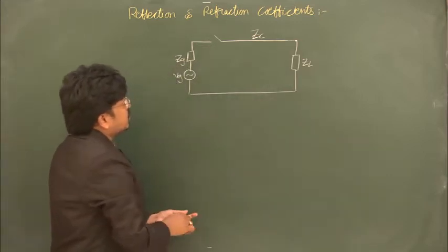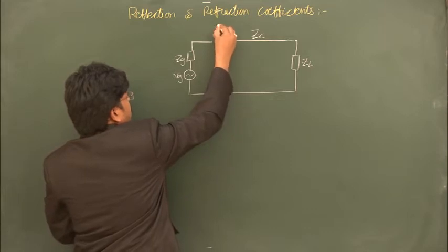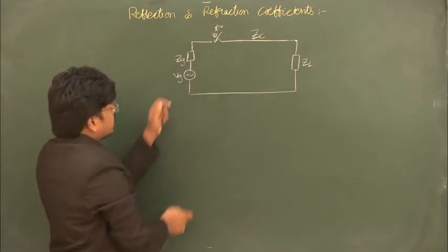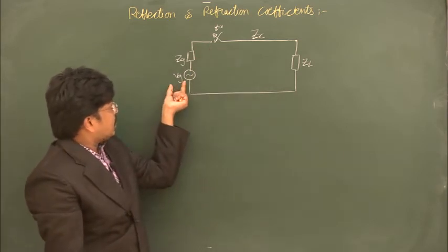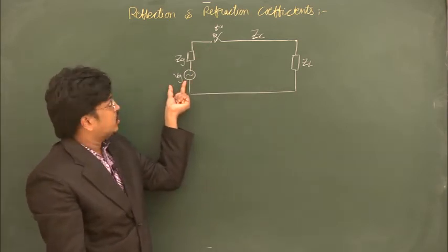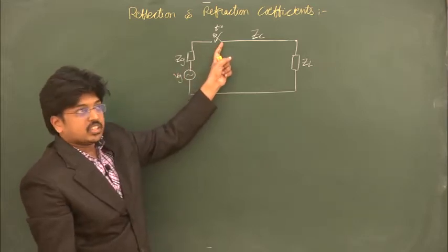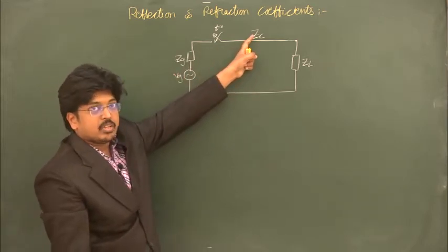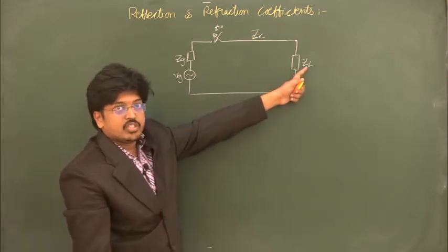Suppose at t equal to 0 the switch is closed. In this case, a pulse voltage of magnitude Vg is incident at the start of this transmission line having characteristic impedance Zc, and this line is terminated with an impedance of ZL.